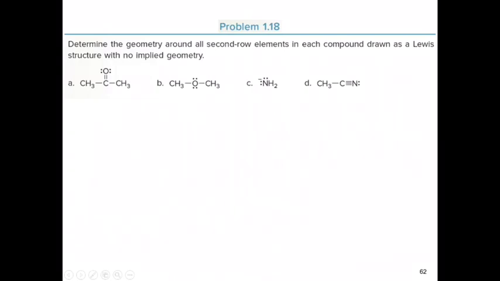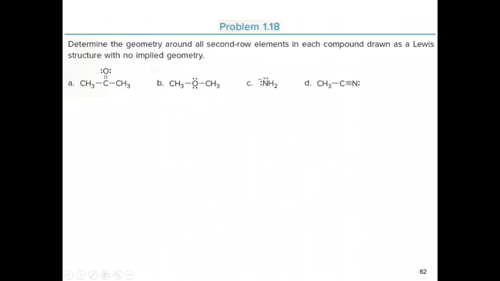And here's practice problem number 18. Determine the geometry around all second row elements in each compound drawn as a Lewis structure with no implied geometry. So whenever you're determining the geometry of a molecule, the first thing that you want to do is look at a central atom, a specific atom, and then count the number of electron groups around that central atom, and then determine its geometry. So for this carbon right here, this carbon has a total of 3 electron groups.